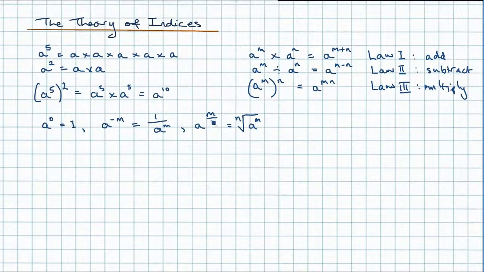Now let's look at some examples and see how these things help us to solve real problems. So let's, for example, say they ask us to rewrite something very simple. Let's say 2 to the negative 2.